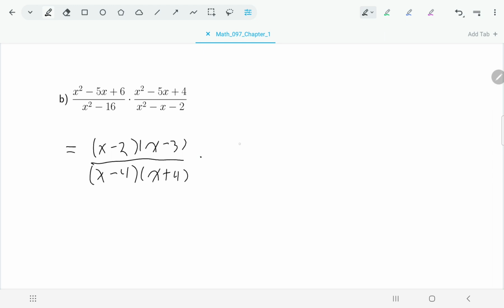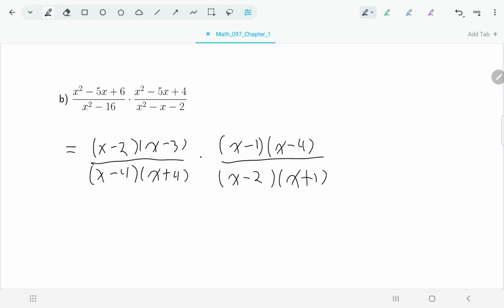And in our second fraction, we've got multiplying to 4 and adding to -5. That's x minus 1, x minus 4. And in the denominator, we have multiplying to -2 and adding up to -1. We have x minus 2, x plus 1.